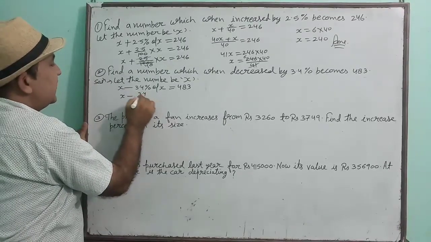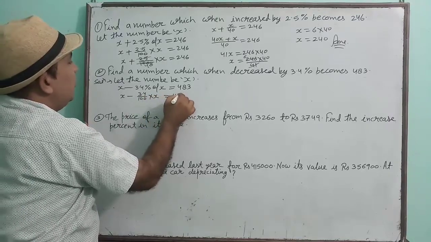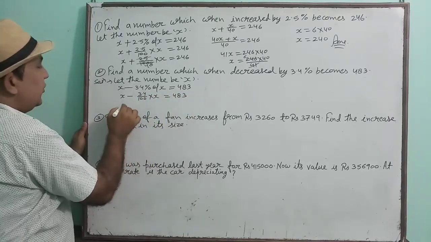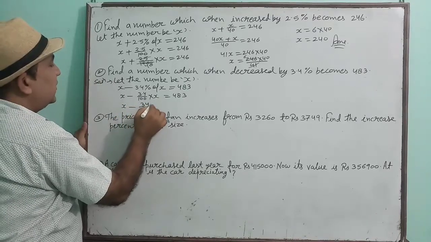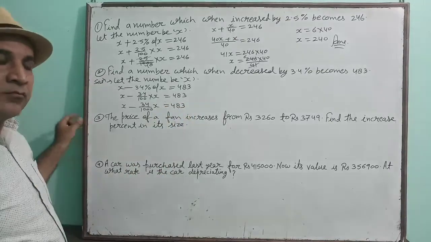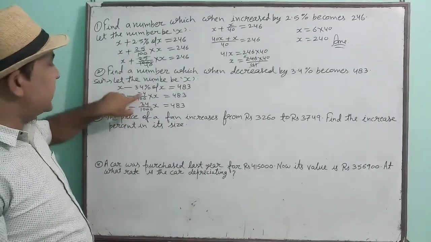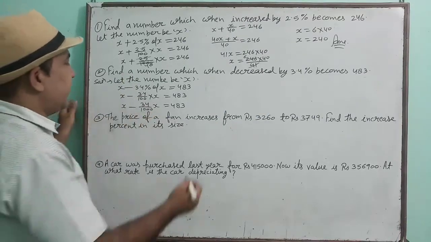x minus 3.4 upon 100 into x is equal to 483. x minus 34 upon 1000 x is equal to 483. Because when decimal is removed from numerator, 10 is increased in denominator.